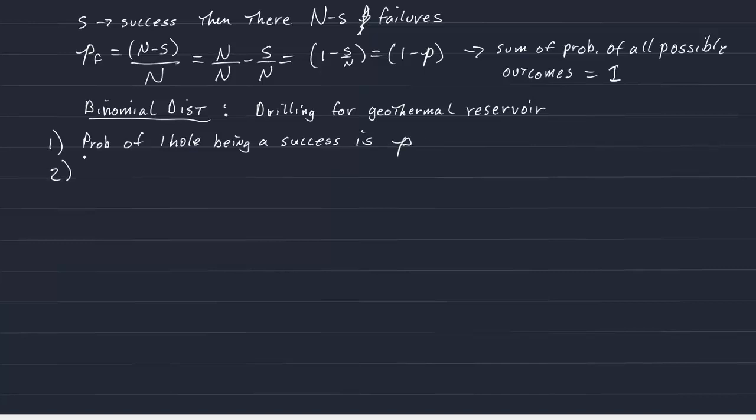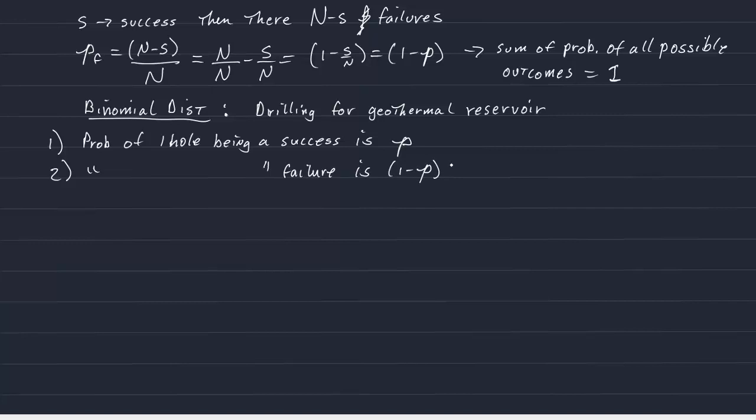So the probability of a failure, if we drill one hole and we find out that the hole is cold, there's cold water instead of hot water, is 1 minus little p.